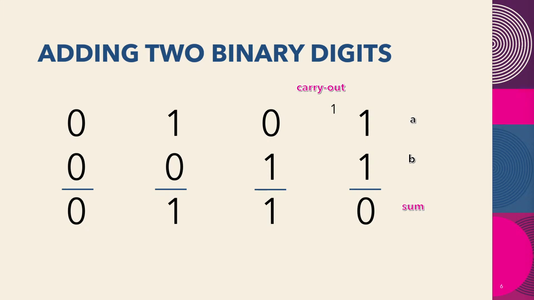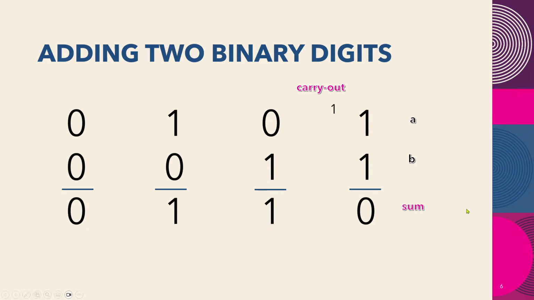So this carryout is part of the logic of this operation. And the half adder would perform that for you. The half adder is able to take 2 digits, A and B, and give you a sum and the carryout from the operation, whether it's a 0 or whether it's a 1.